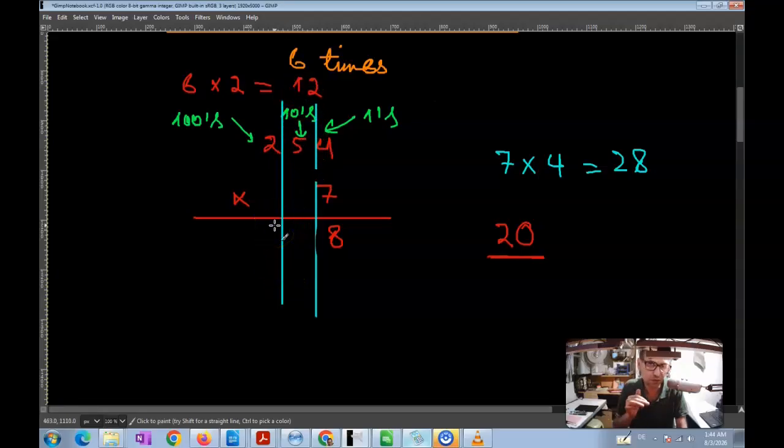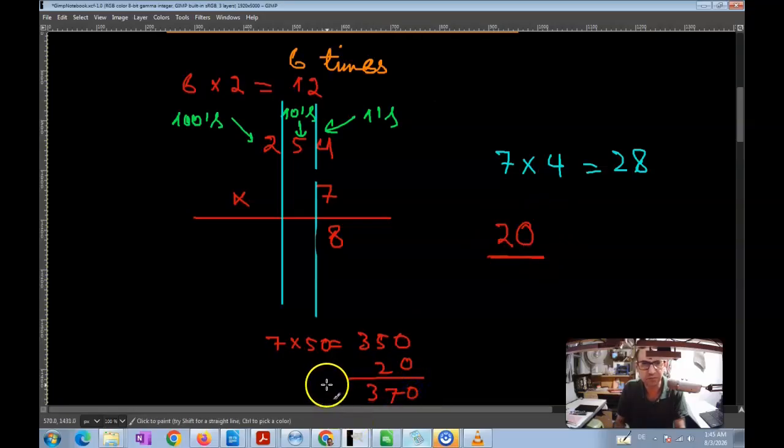So it represents the 50. So that's actually 7 times 50, which is equal to 350, right? Now 350 plus 20 is equal to 370, right? So 370.